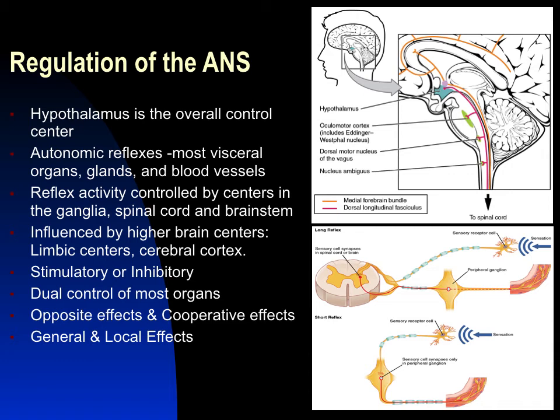They may be these short reflexes that don't involve it. And so you have this reflex activity controlled by centers in the ganglia, spinal cord, and brainstem. These things are influenced by higher brain levels, particularly the limbic centers and the cerebral cortex. They can stimulate or inhibit organs, and sometimes the effects are opposite, but other times they're cooperative. And sometimes these effects can be quite local, but otherwise they can also be general.